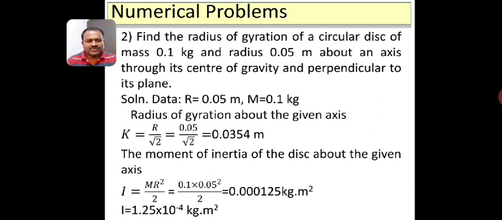Therefore 0.1 into 0.05 whole square divided by 2 equals 0.000125 kg meter square. If you shift the decimal point by 4 digits to the right, you can write the same answer as 1.25 into 10 raised to minus 4 kg meter square.